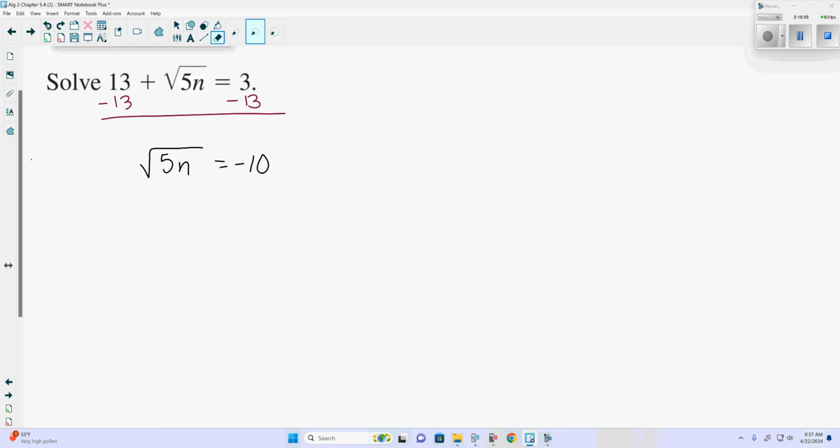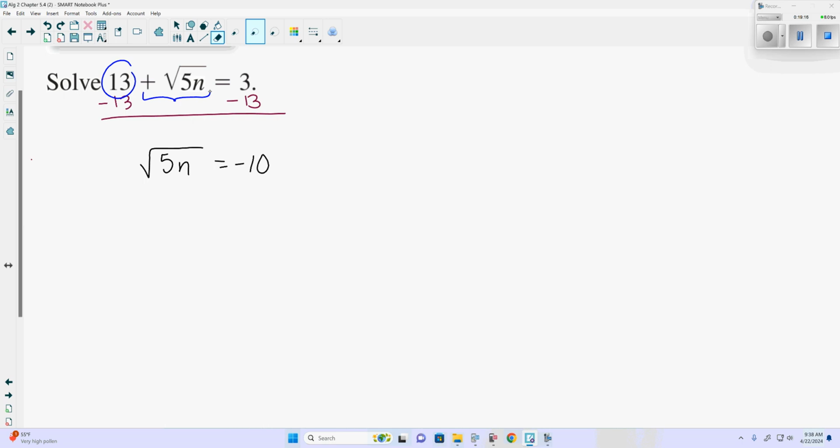So is this even a possibility? No, that's the reason it doesn't work, because we need the square root of 5n to subtract from 13. Anything that comes out of the square root of 5n is always going to be positive. There is no way this works from the beginning.